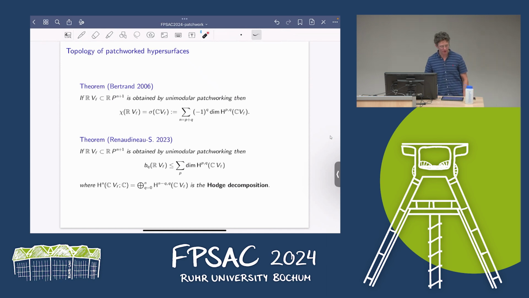And the second theorem, of Renaudineau and myself, gives actually explicit bounds on individual Betti numbers of either the real algebraic varieties that we obtain, or, homeomorphically, this complex P that we obtained. So this b_q is the qth Betti number with mod 2 coefficients.